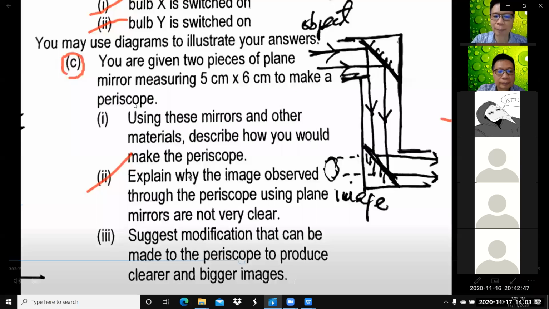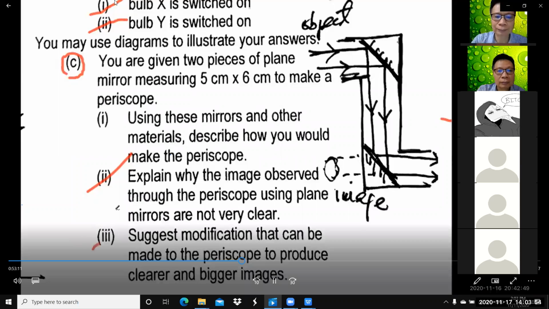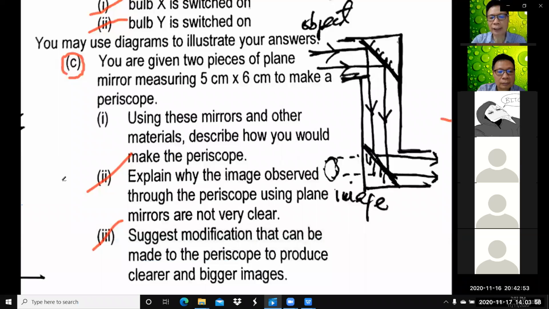Got all the answers already? Okay, part 3 now. Suggest a modification that can be made to the periscope to produce a clearer and bigger image. You want clearer, and then you want bigger too. Clearer is very simple.